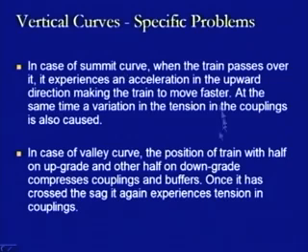This is another problem associated with valley curves. In the case of the summit curve, it is only a problem of tension in the couplings, because acceleration in the upward direction only helps in making the movement smoother, whereas in the case of the sag curves both things are there. There is bunching causing compression on the buffers, and there is tension in couplings.